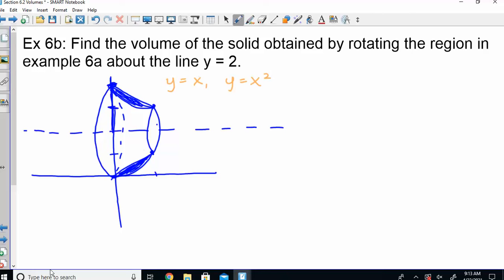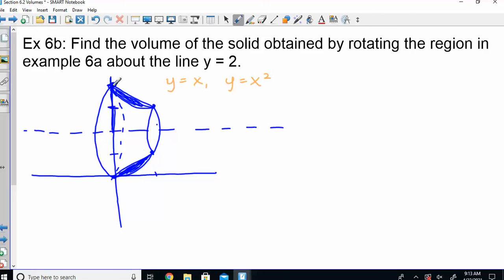First question is, are we going to integrate with respect to x or to y? To integrate with respect to y, you have to have a definite starting and stopping height. Do we have that here? No. Here it's from 0 to 2, but here it's from 1 to 3. So I don't have a definite y.